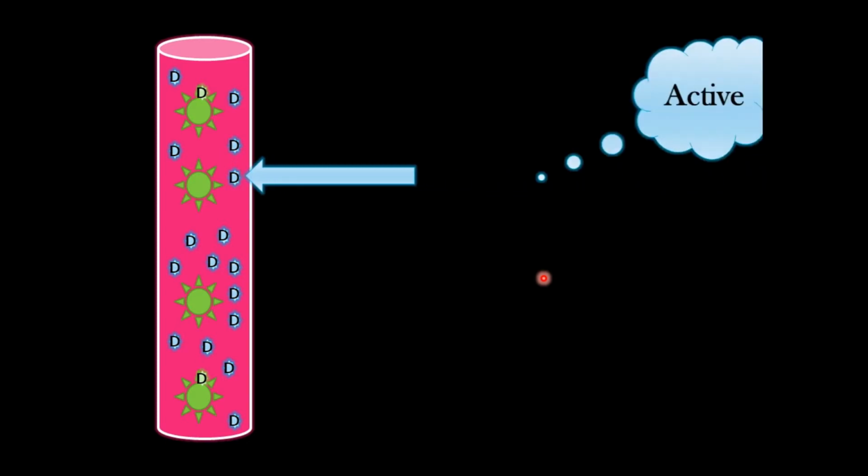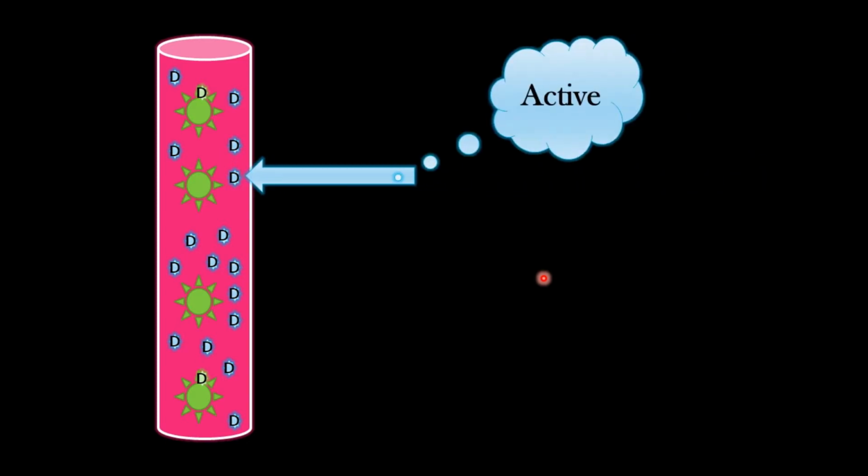Only the drug which is in a free form we call the active drug, because this is the drug which leaves the intravascular compartment, reaches the extravascular tissues, goes to the target organs, reaches the site of action, and produces the effect.